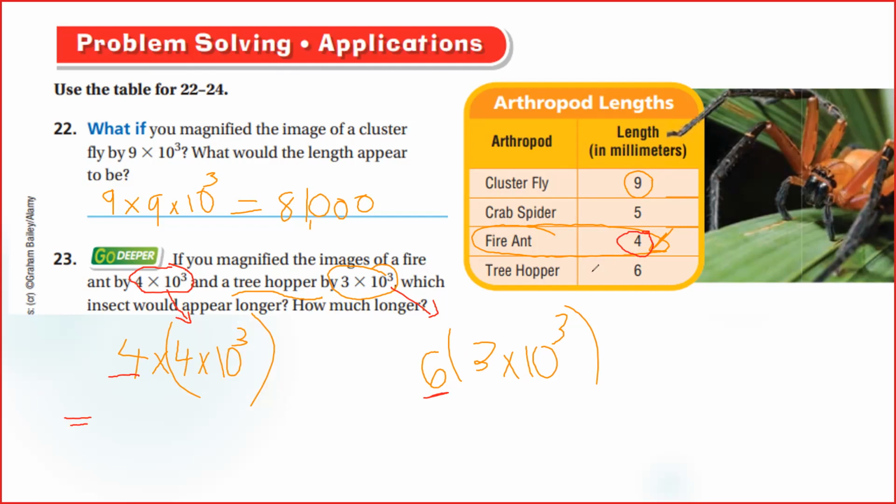Who wants to answer? Yes. What do you have to do here? 4 times 4 times 10 to the power of 3. What will the answer be? Bravo. Thank you. What about the second one now? 18.